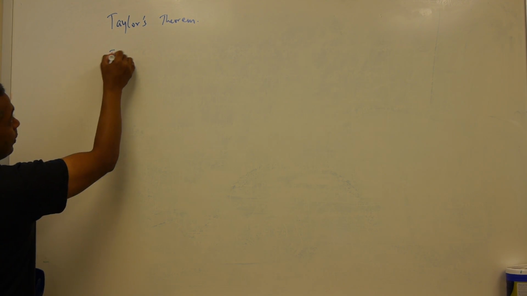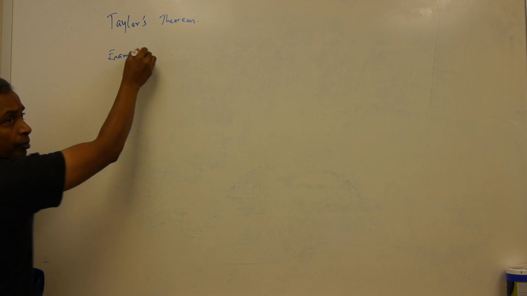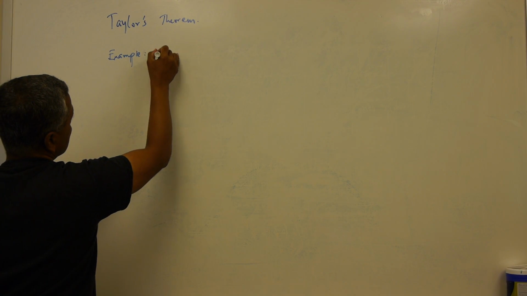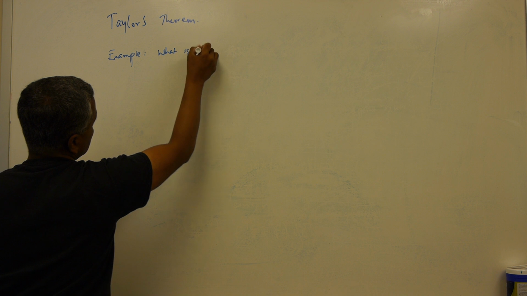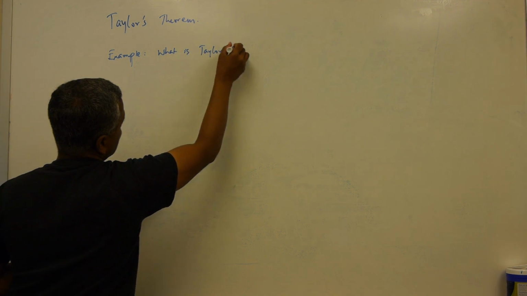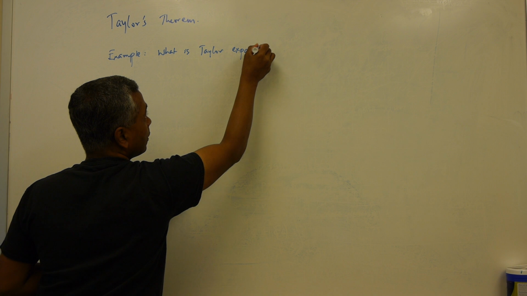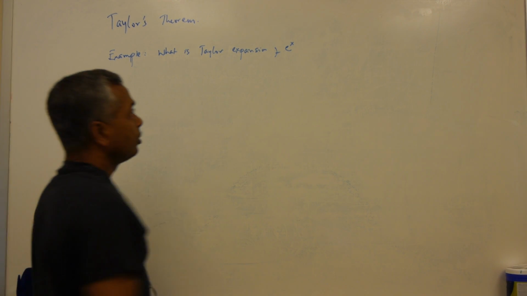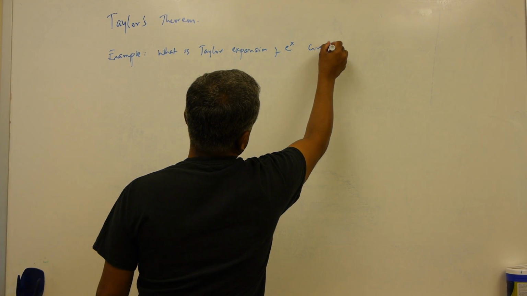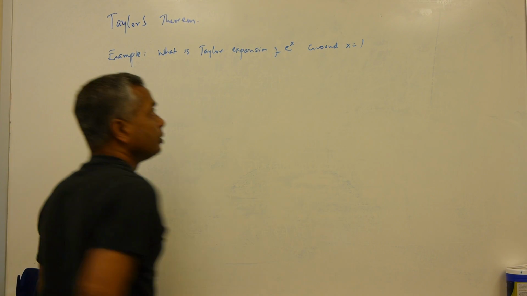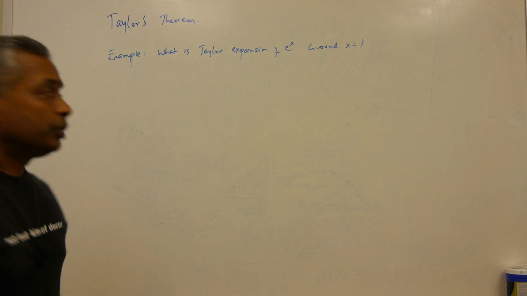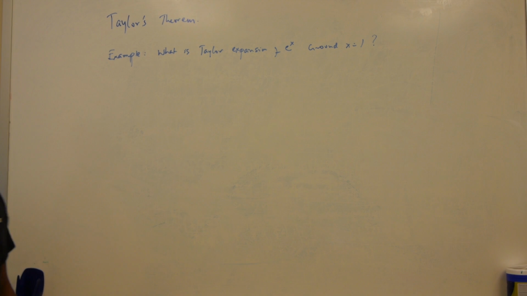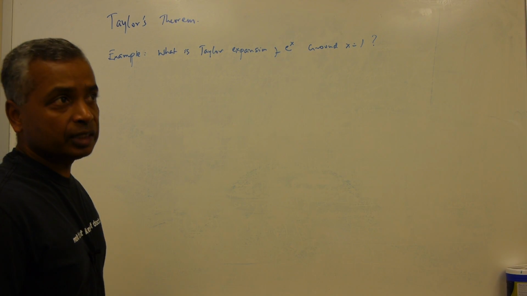What is the Taylor expansion of e to the power x around x equals 1? This is the question that's given to you. You'll notice that this is actually kind of easy. The reason this is easy is the derivatives of e to the power x are all e to the power x.